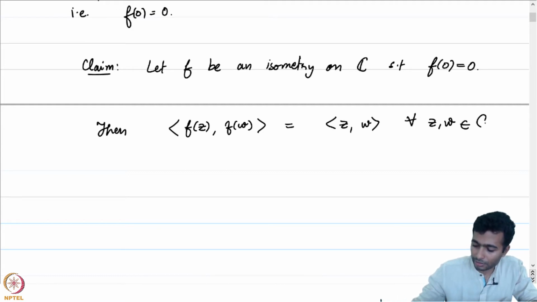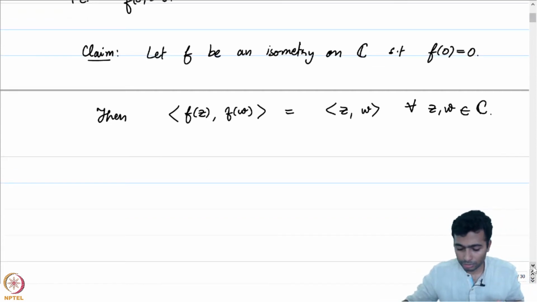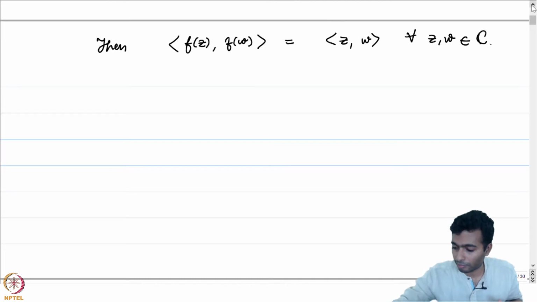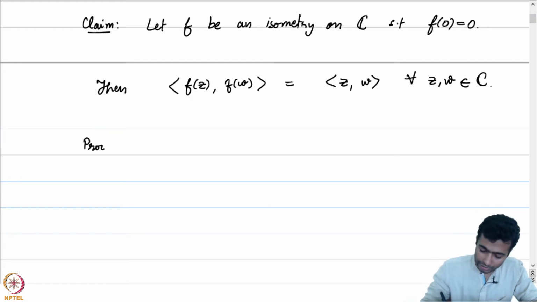This is a linear algebra statement to be proved. Let me not spend too much time on it. You would have probably already seen such a statement in a course on linear algebra. Nevertheless, let me just indicate a proof.